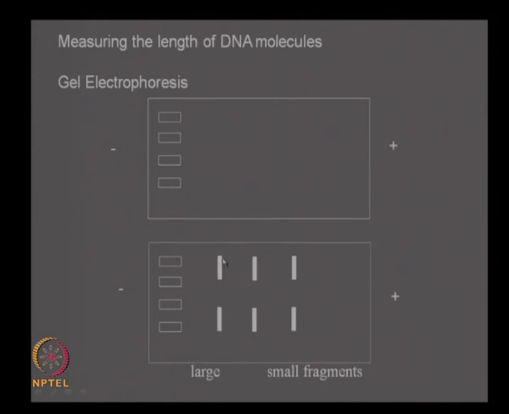and when they move in this direction you find that the longer strands move slowly, whereas the smaller strands will move very fast. So, small strands will move fast and long strands will be moving slowly. So, by calibrating it in a proper manner, you can select DNA strands which are of a particular length.